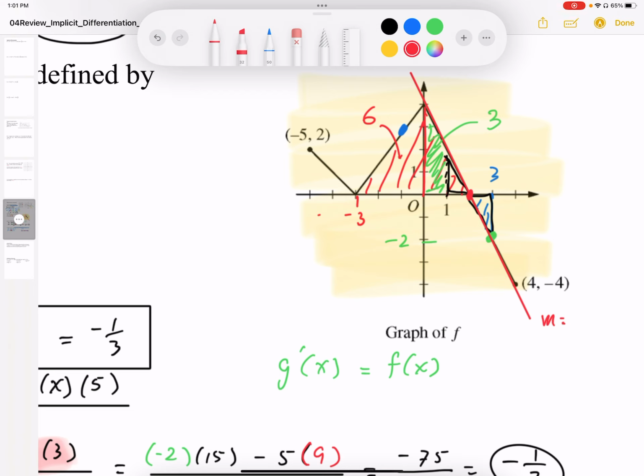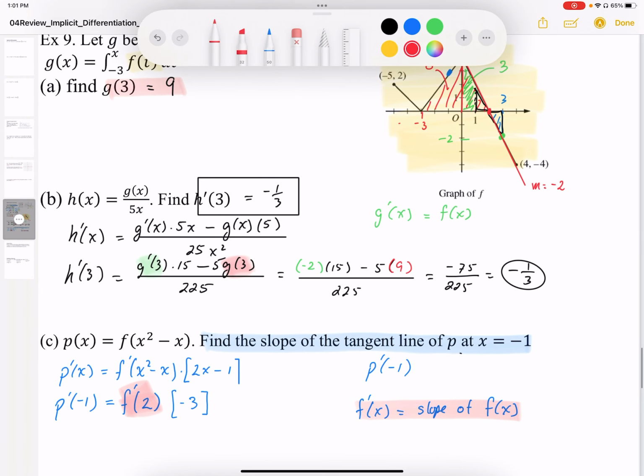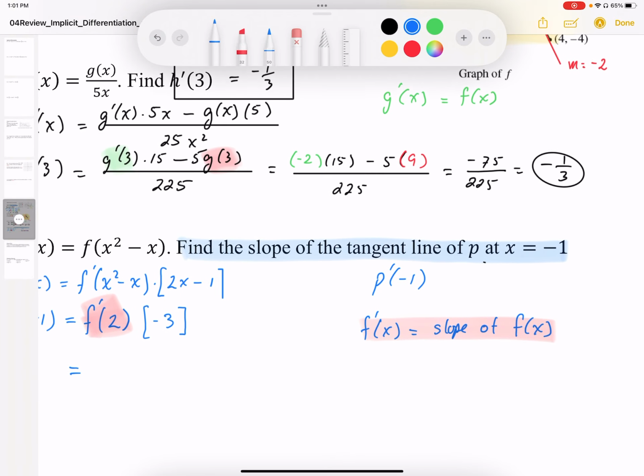The slope of that line looks to me like it's going to be a slope of negative 2. I'm just looking at this triangle. It goes 1, 2, 3, 4 down, 2 across. That's negative 2. So then I can replace f prime of 2: the slope at x equals 2 is equal to negative 2.